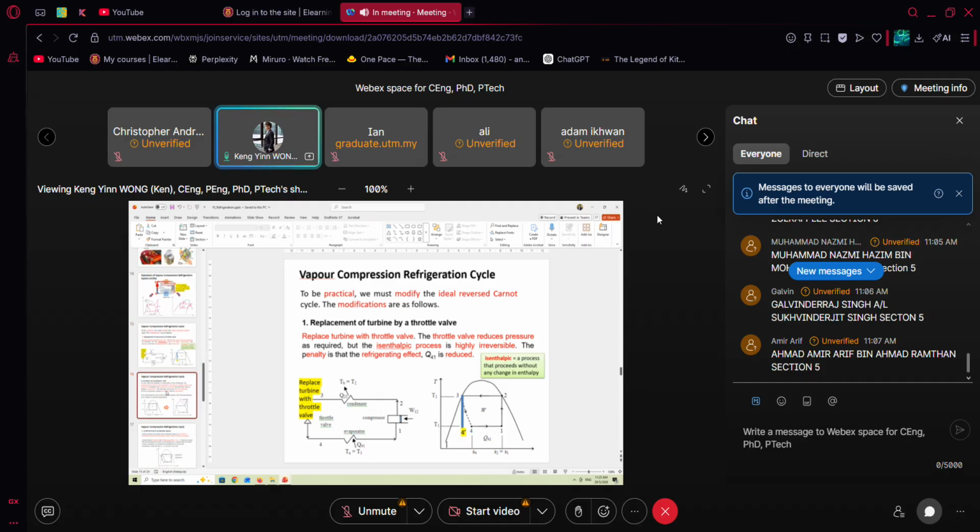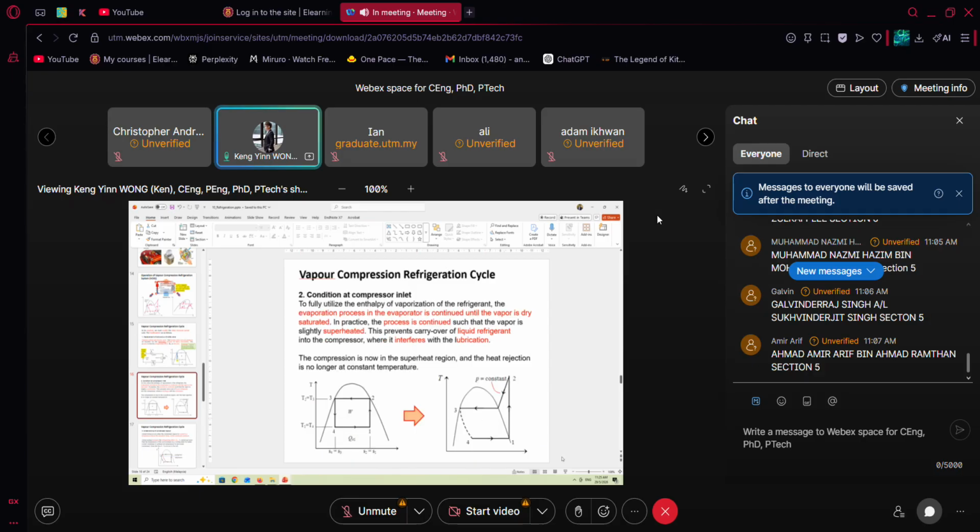The first way I will show you later on. But before that, remember, before you enter the compressor inlet, here is a mixture. Can you see that? You're not going to let a mixture go into your compressor inlet because it's going to interfere with the lubrication inside the compressor. So you have to push it from here until here, which is saturated vapor, or better, push it to superheated vapor.